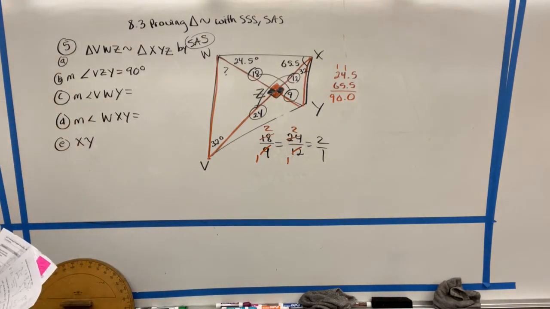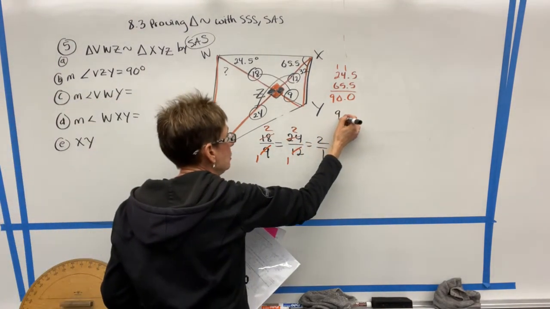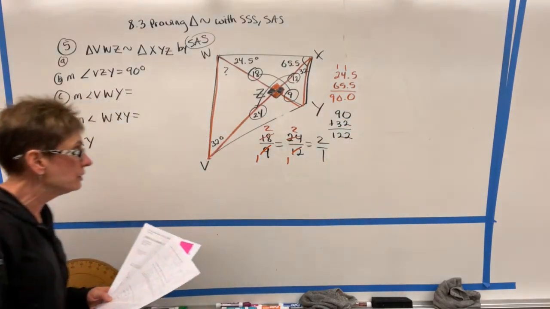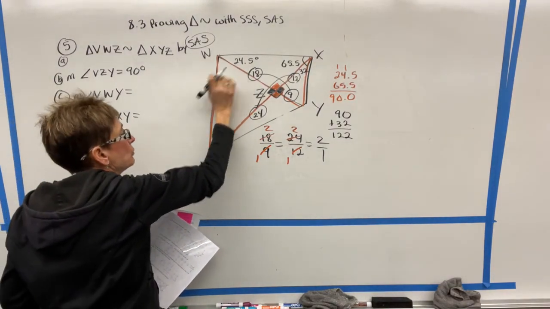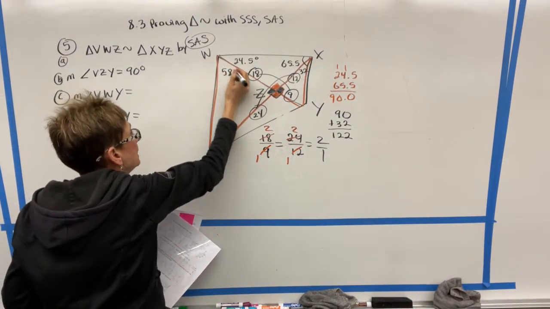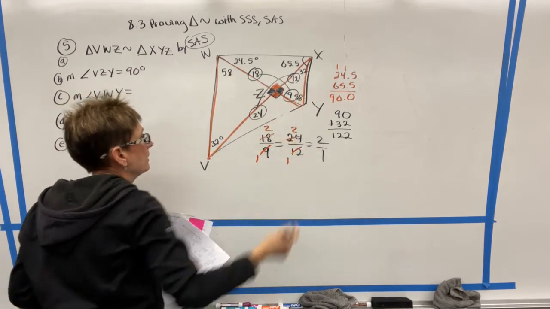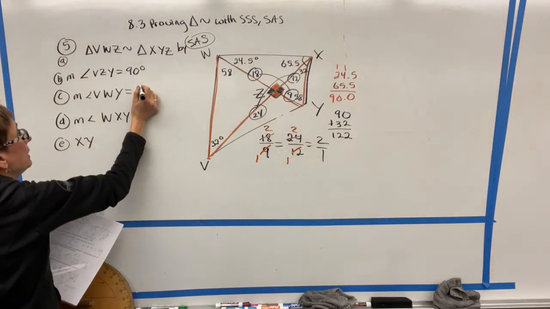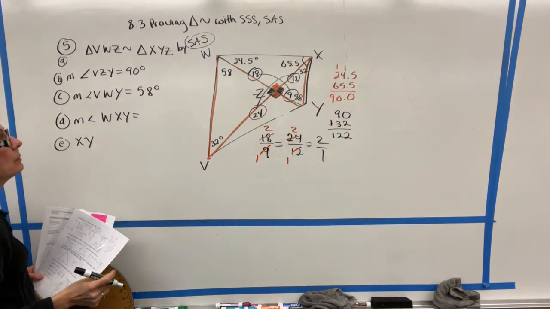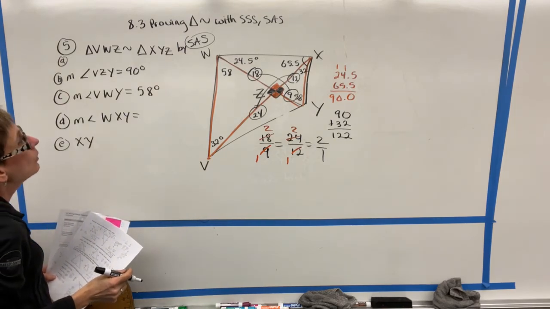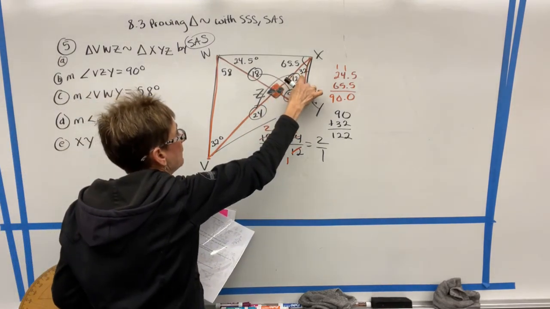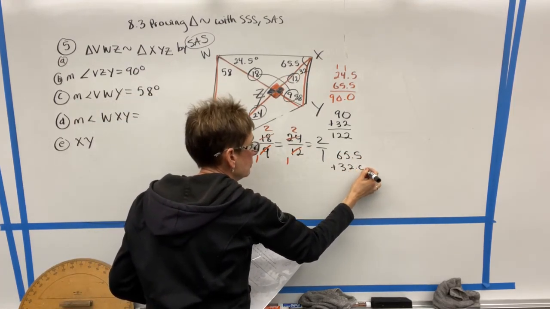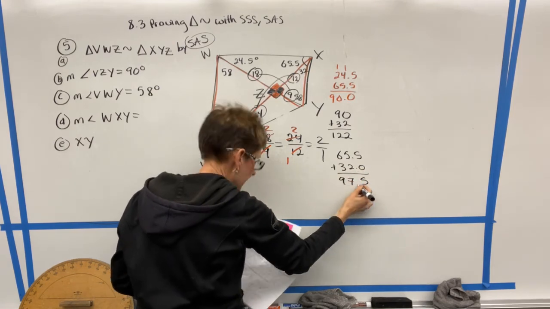And then what that means is if I take 90 plus 32, I'm going to get 122, which means that if I subtract that from 180, this will be 58 here, and that will be 58 there. So I think the first number is what we're going to put here, and then WXY would be 65.5 plus 32, so 65.5 plus 32 would be 97.5.